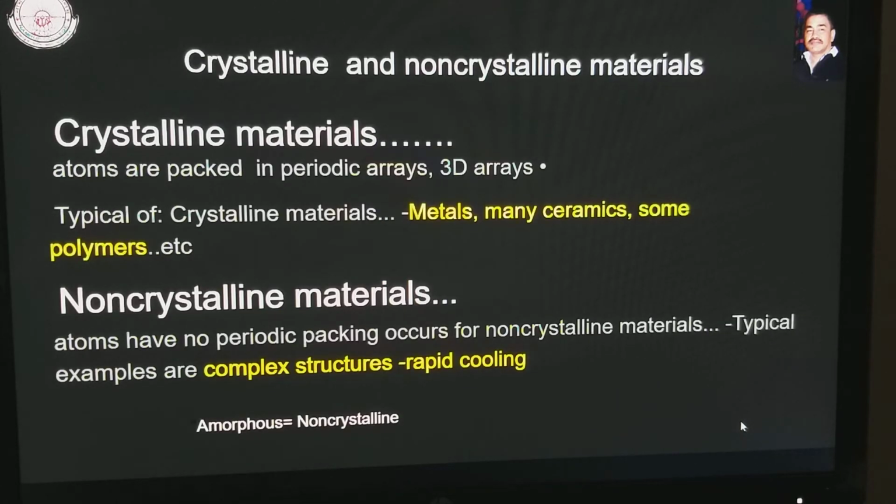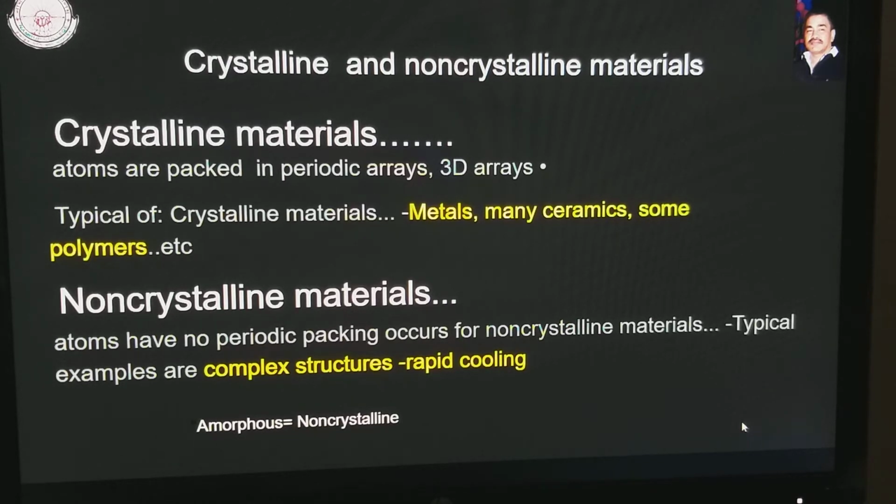Crystalline and non-crystalline materials. In crystalline materials, atoms are packed in periodic 3D arrays, and typical examples of crystalline materials are metals, many ceramics, some polymers, etc. On the other hand, in non-crystalline materials, atoms have no periodic packing, and this occurs for nanocrystalline materials.